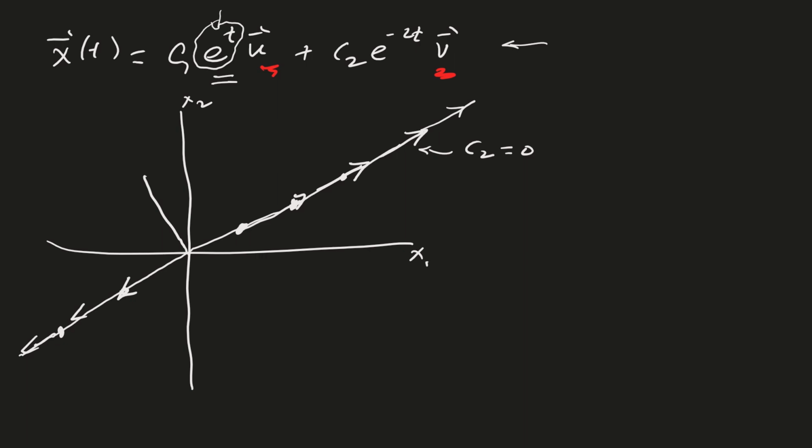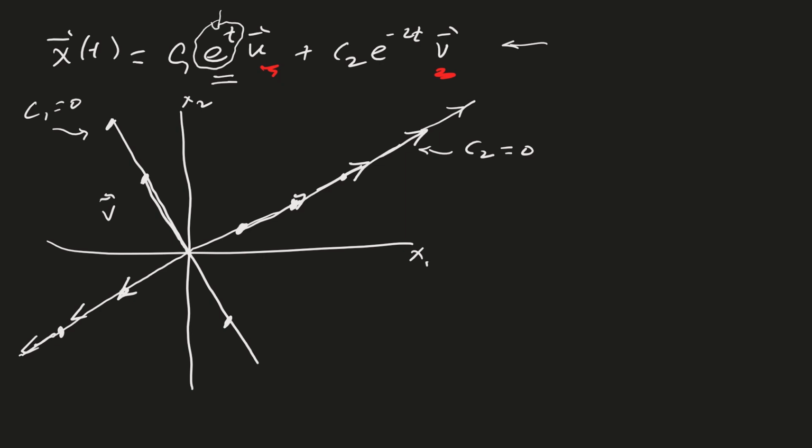Now, let's take a look at v now. And suppose that I start somewhere on this vector. Okay, so again, up here, this might be C2 equals 1, this might be C2 equals 2, this might be C2 equals minus 1, and in all cases, if I'm on that line, C1 is equal to 0.